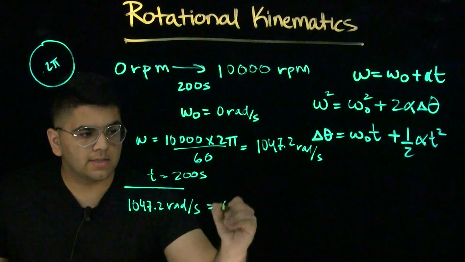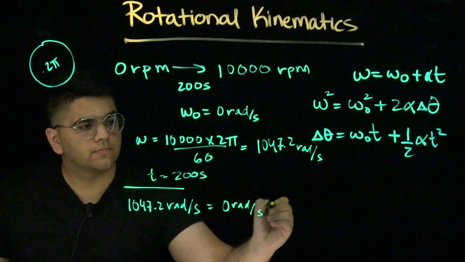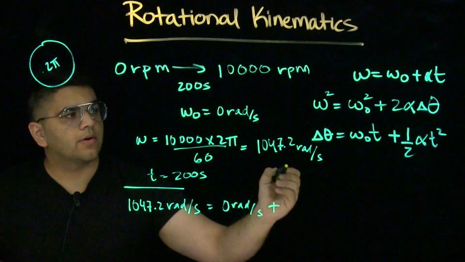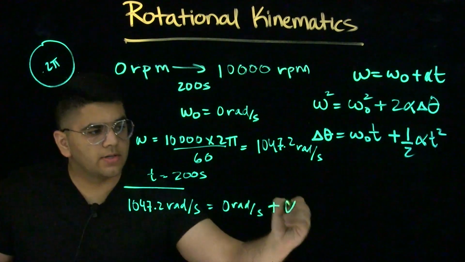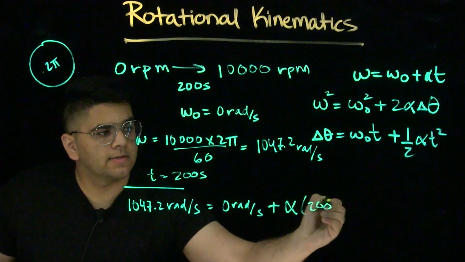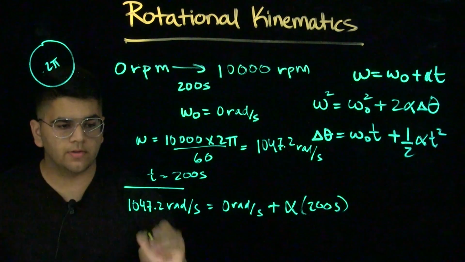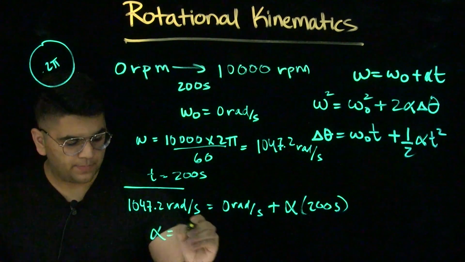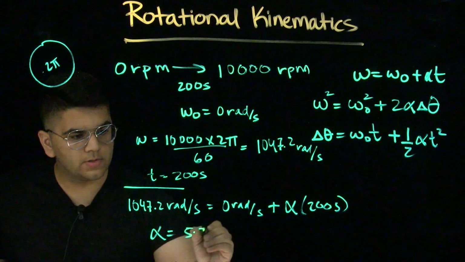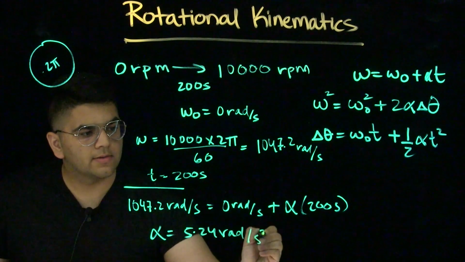Initial angular velocity is 0 radians per second. And our angular acceleration is unknown, and we know time is 200 seconds. So once we solve for angular acceleration, we get 5.24 radians per second squared.